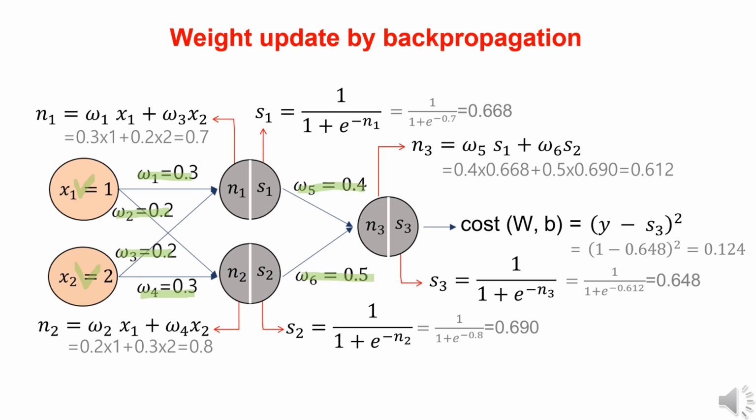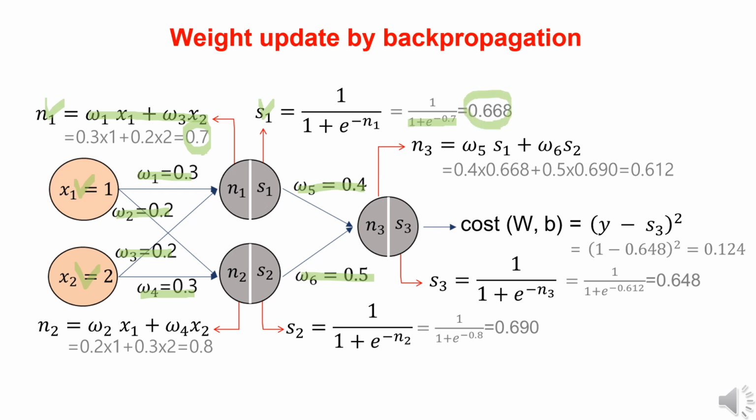Using these values, N1 in the hidden layer is calculated as omega 1 times x1 plus omega 3 times x2, resulting in 0.7. Next, S1 is obtained by applying 0.7 to the sigmoid activation function, yielding 0.668.